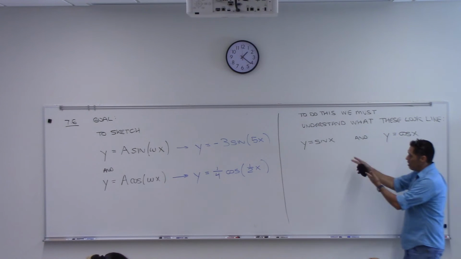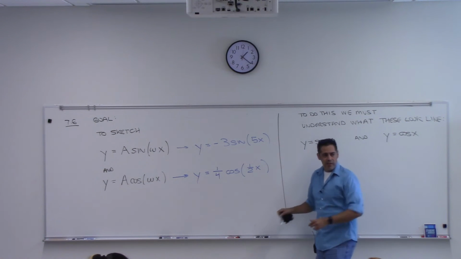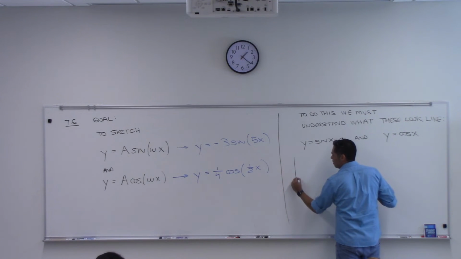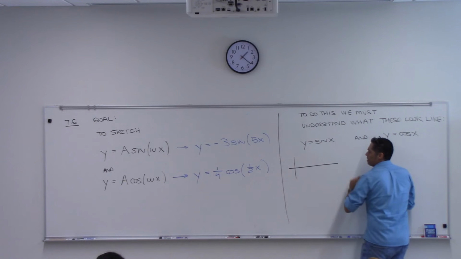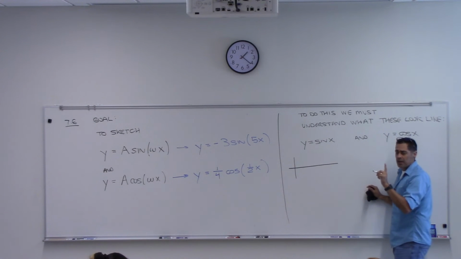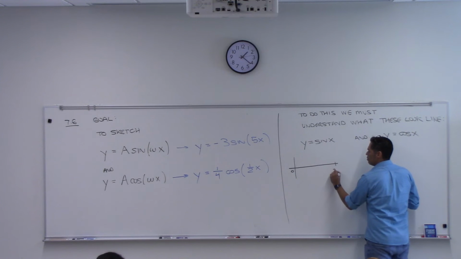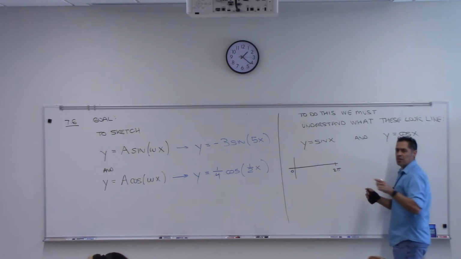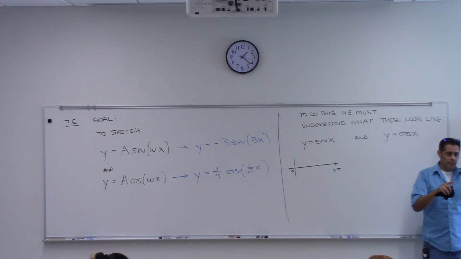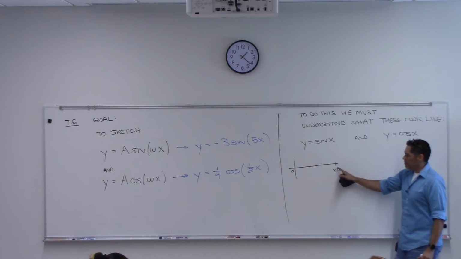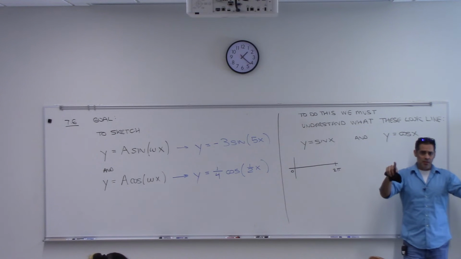So last class we talked about these, and I graphed them over there. The main characteristic of the sine function is that it completes one period between 0 and where? 2 pi. It's going to go through one cycle. 0 and 2 pi are 2 important points on our sine function.